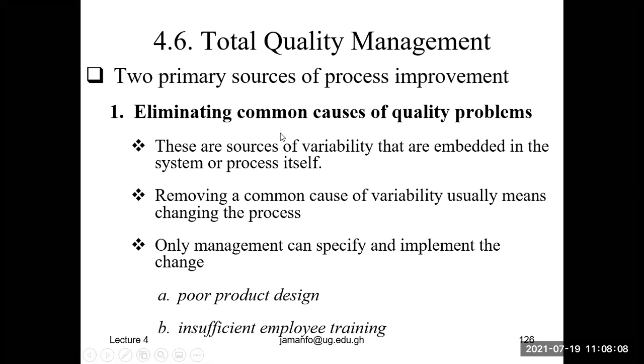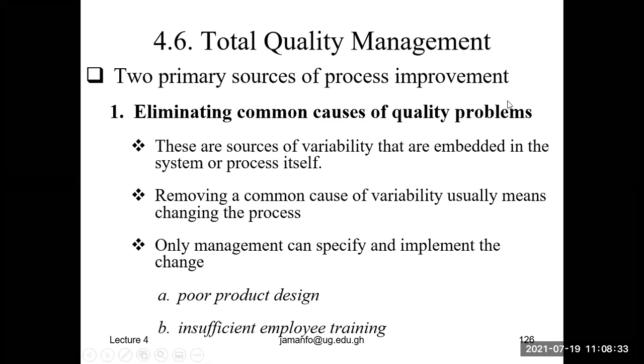How do we do this? One, what are the common causes of quality problems? These are sources of variability that are embedded in the system or process itself. Remember, we have said earlier on that if we are able to reduce variability, quality improves.